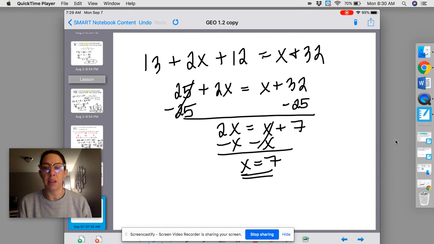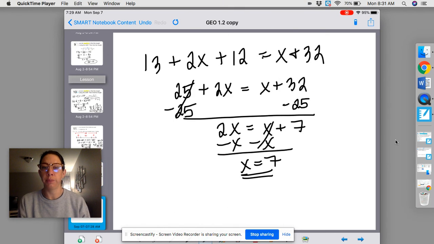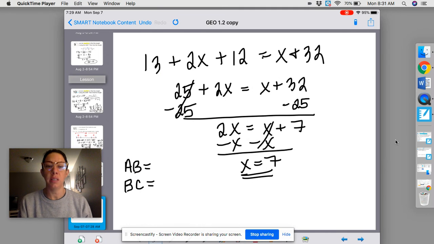And again, I'm not done. Let's go back. It had asked me to find the lengths of all of them, of AB, BC, and AC. But it did already tell me that BC was 12, so I'm just going to fill that in there.